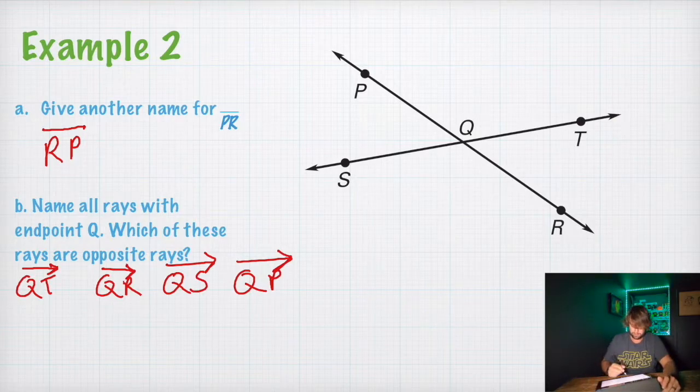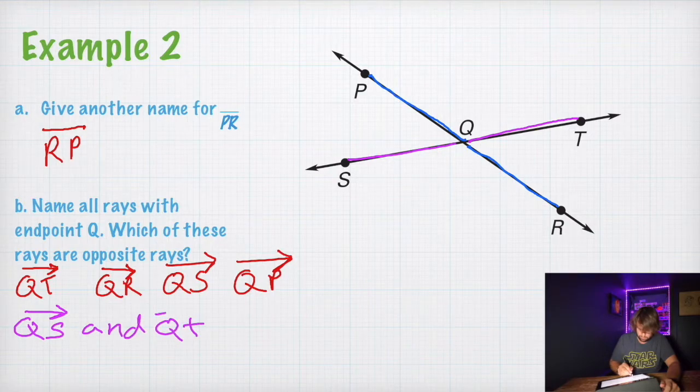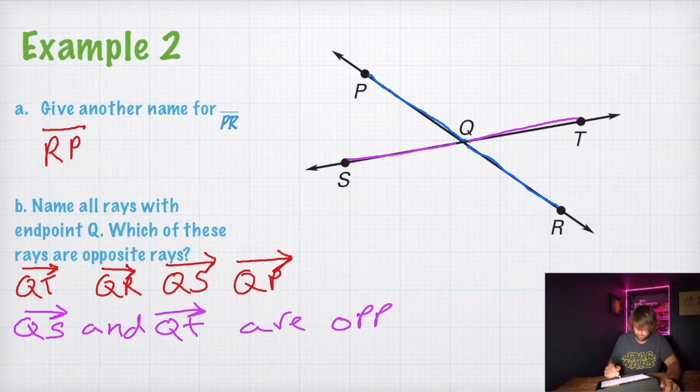They want us to name opposite rays. Opposite rays are going to be rays that start at Q and go in the opposite direction of each other. So I'm going to do the 2 blue ones and the 2 purple ones. So QS and QT are opposite rays.